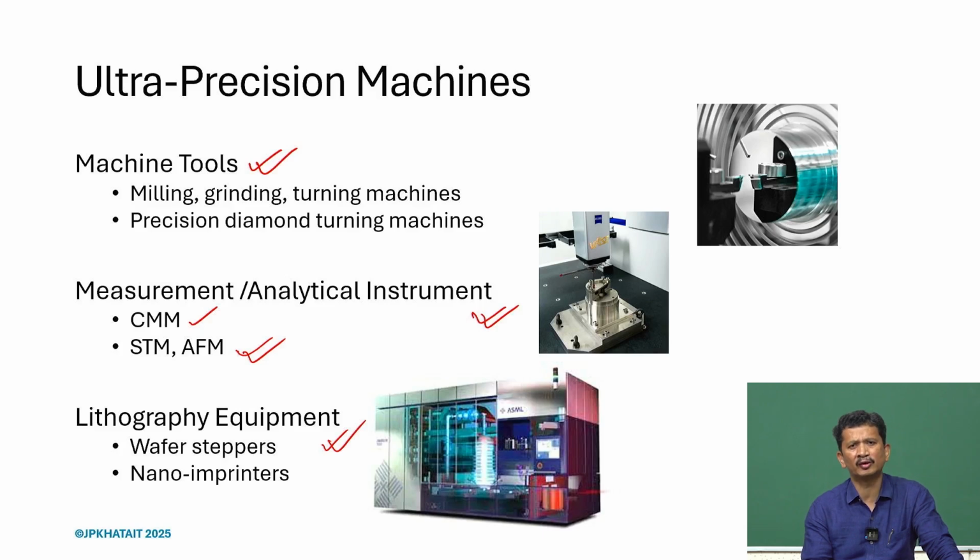Therefore it's very important to understand how to achieve those numbers with these machines, how to make these processes so that we can create parts of that precision level, and how to make these instruments so that they can measure things, even biological things or defects at the microscopic level. And so we need to do measurements at the atomic scale.